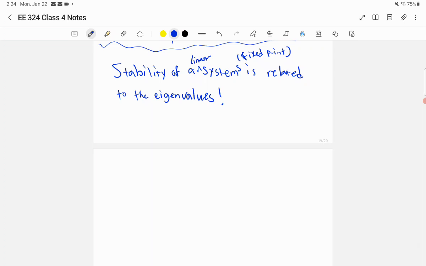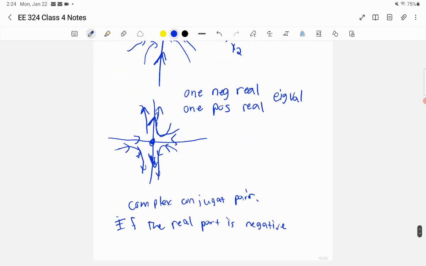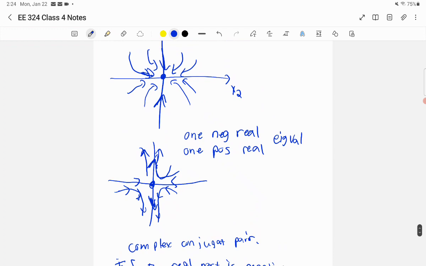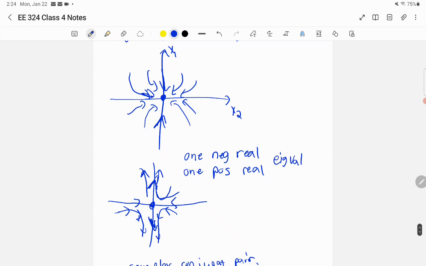Okay, so notice that in this case we could always shift the fixed point. In this case, the fixed point is at 0, 0. It could be shifted. We could translate it around or whatnot. But the analysis just looks the same. It's just that now you've moved from 0, 0 to some other point. Okay.